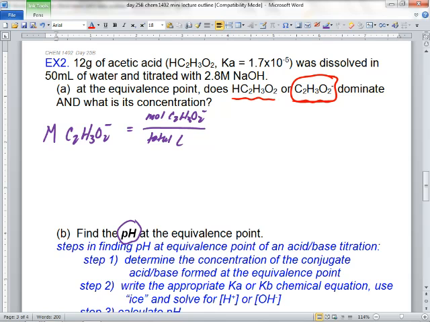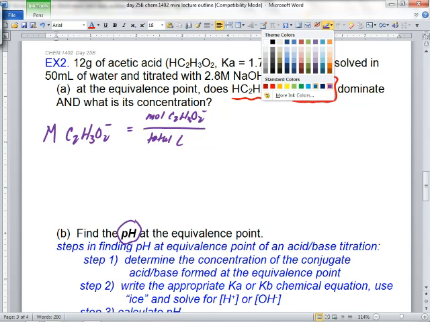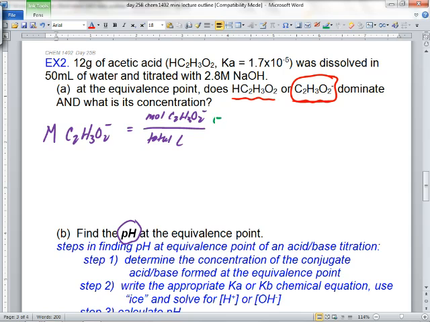Okay, now Vanessa was talking about how to get that moles of the acetate. And she's exactly right. It has to be the same as the moles of acetic acid. Now, how do you get the moles of acetic acid? Okay, now Pablo's right, but let's do it the wrong way first. This is how we did it before.